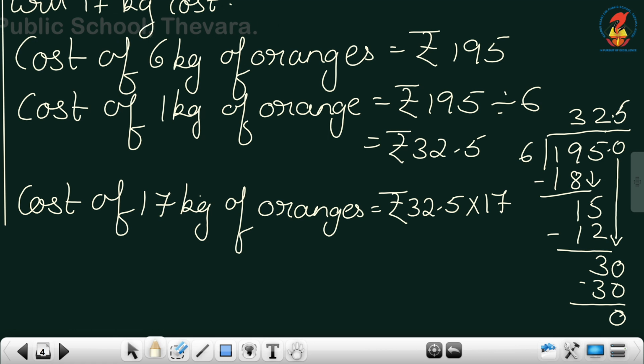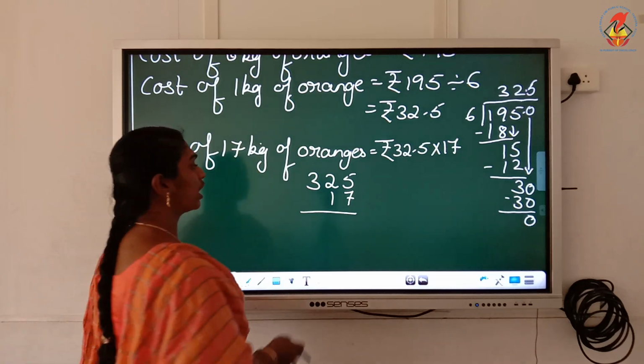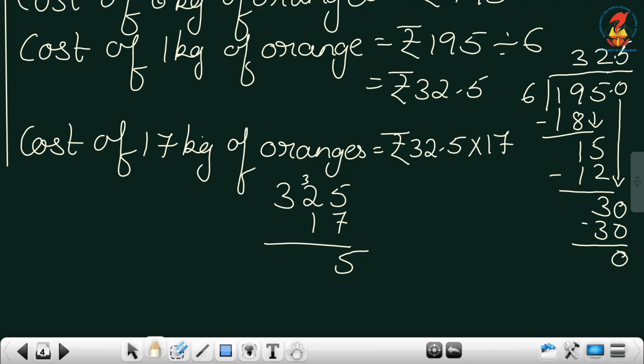You can remove the decimal and multiply, and finally in the answer you can put the decimal. So, 325 into 17 I am doing. Please do all these calculations in your working column. 7 5s are 35, carry 3, 7 2s are 14, 14 plus 3 is 17, carry 1, 7 3s are 21 plus 1 you get 22.